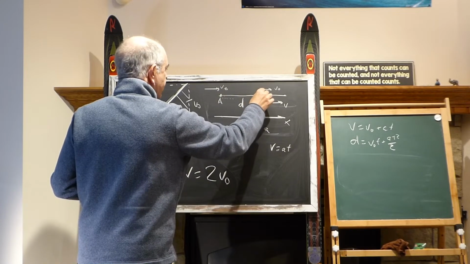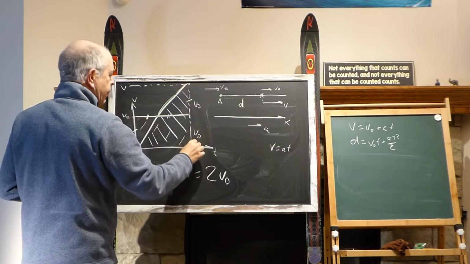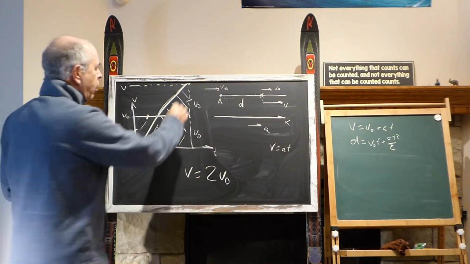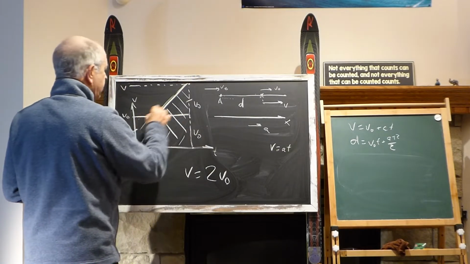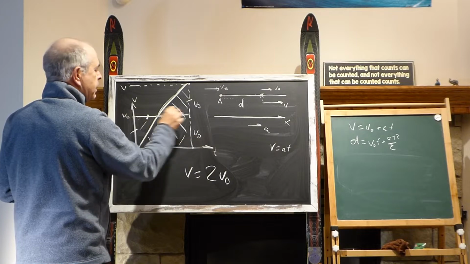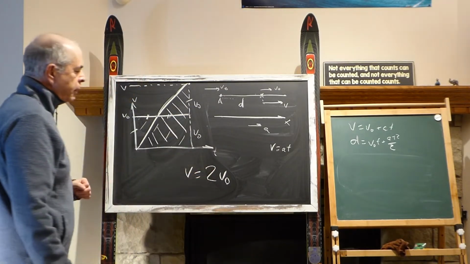This is the point when it catches up, and we needed to know the relation between the speed of the car at that moment and the speed of the bicycle, and we came up with v equal to v0.